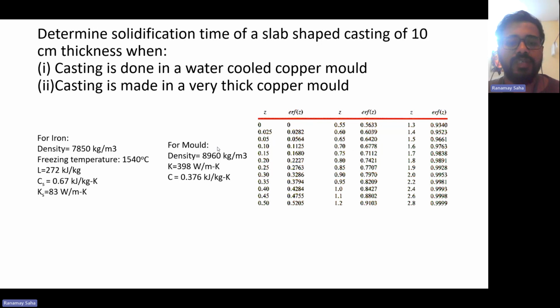Okay. So for the mold, the density is 8960 kg per meter cube, conductivity is 398 watt per meter Kelvin, and the specific heat is again 76 kilojoule per kg Kelvin. I have also provided this error function table, which you will need to solve this kind of die casting problems. Just try out this problem again and then discuss the solution in great detail.